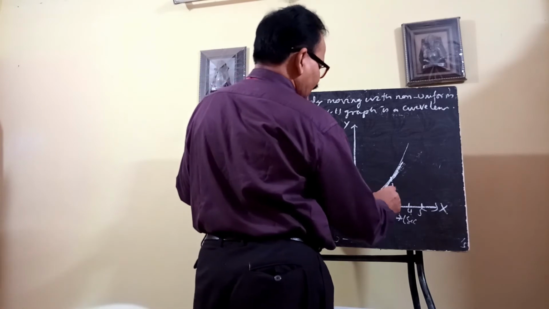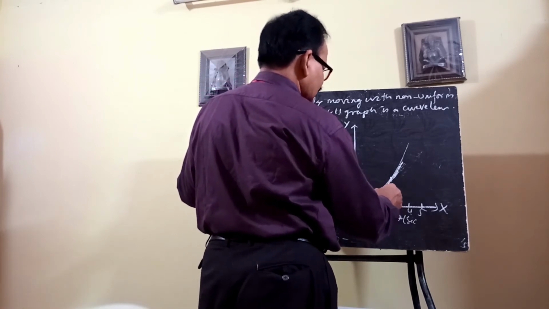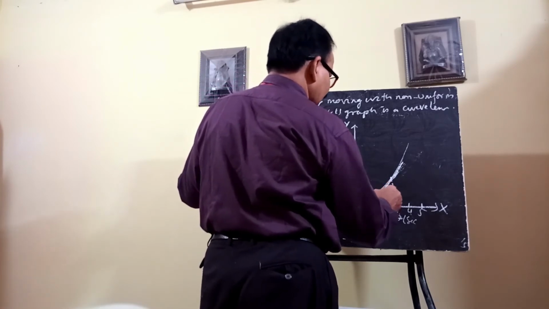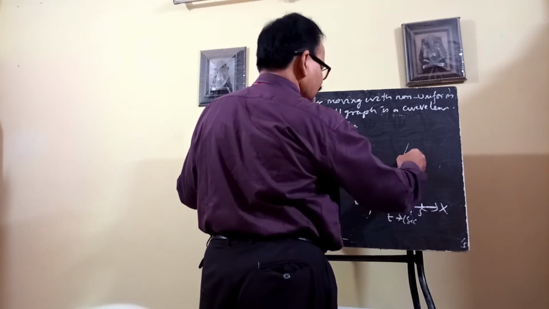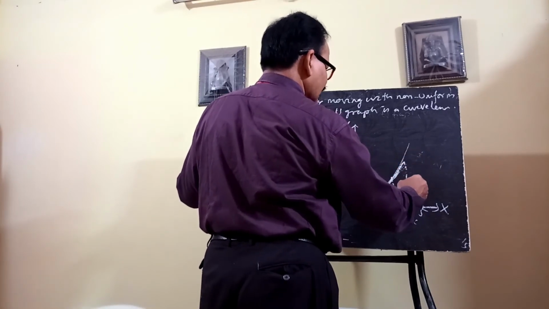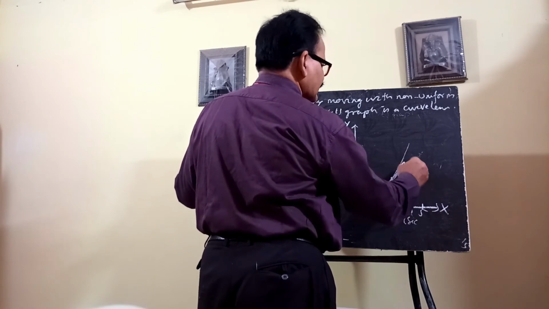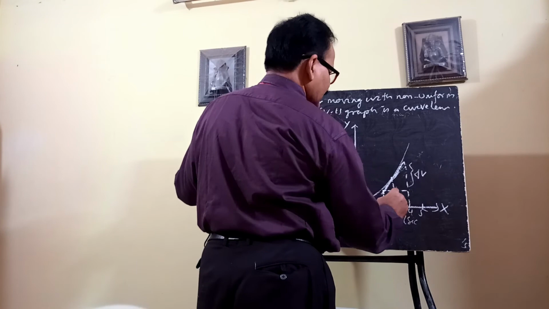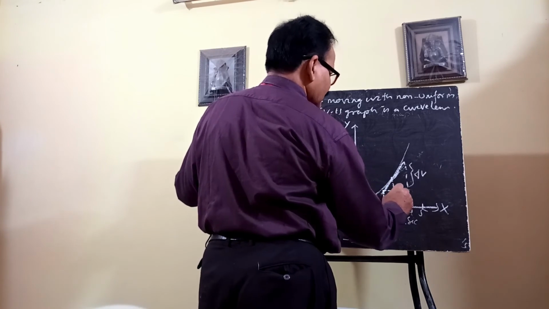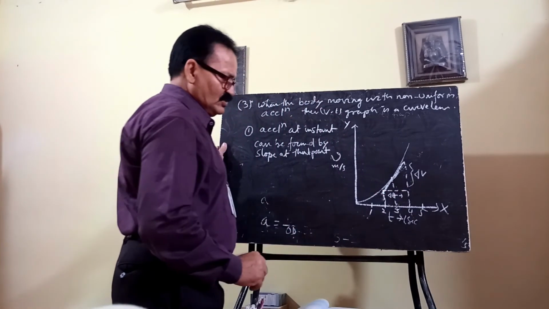Then from the end of this tangent, you draw the vertical line and the horizontal line. This will be your del V and this will be your del T for finding the slope.